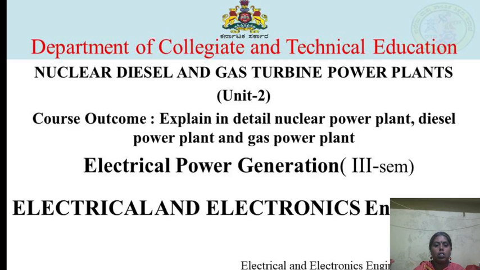The purpose of this course is to study the different types of power generation methods, their schematic arrangements, working principles, merits, demerits, and site selection of each power plant, and their applications.